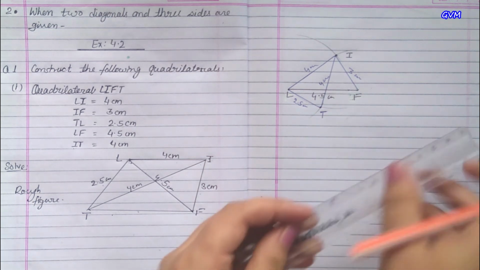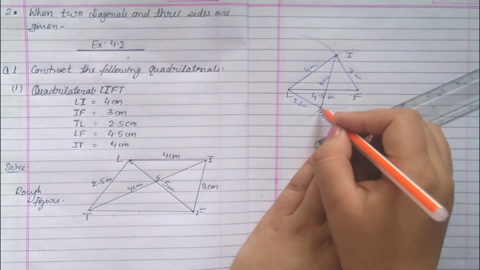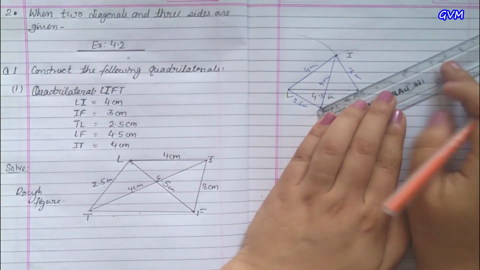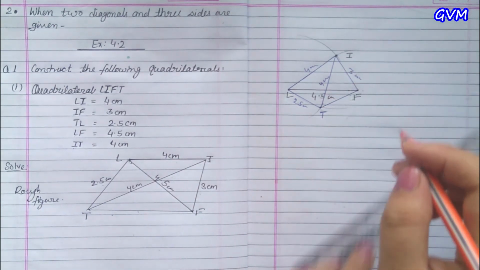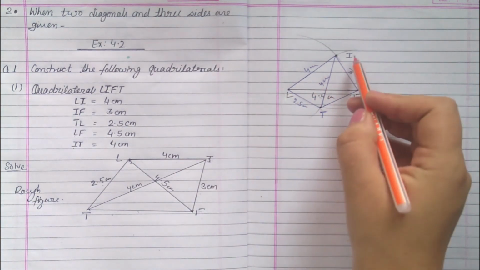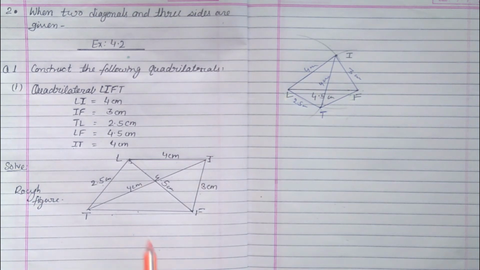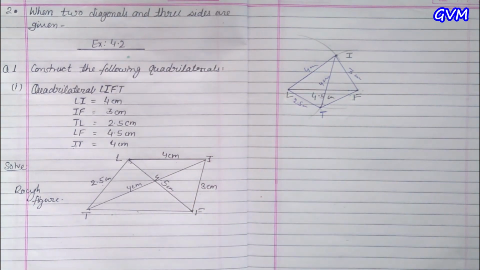As we have 2 points, we can join them, so join T and F. So this is the required quadrilateral LIFT. You can see the difference between these two quadrilaterals.